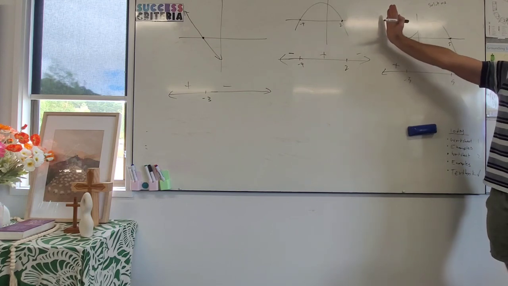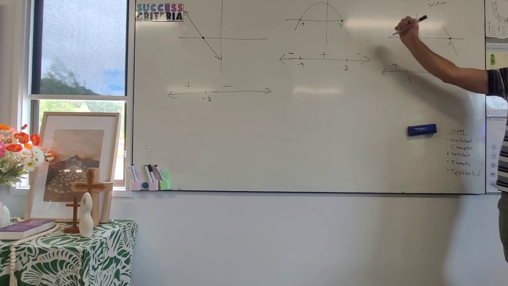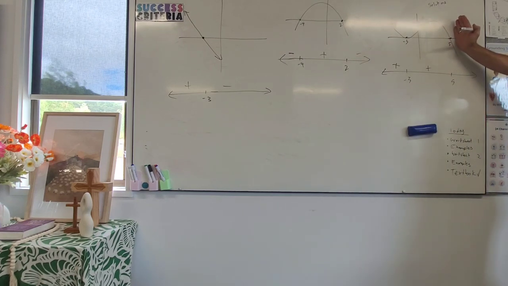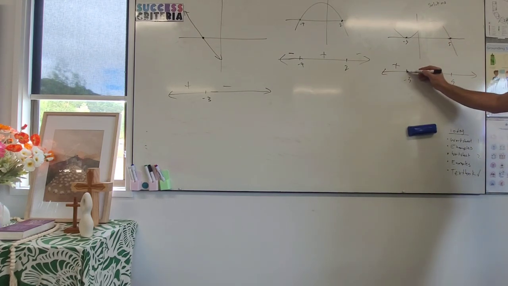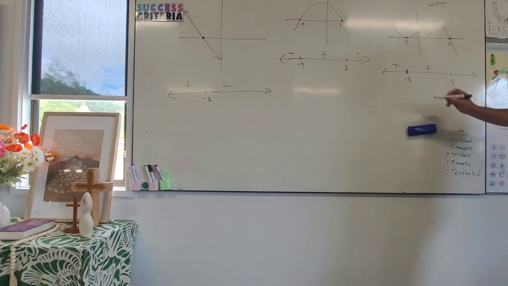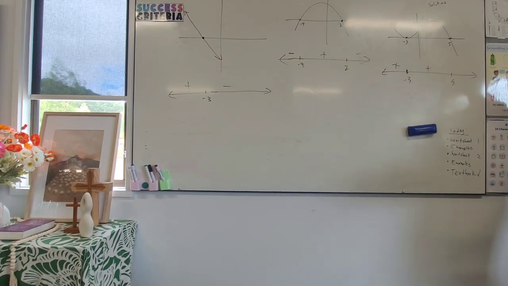It's above the x-axis. It's also positive between -3 and +5. So even though it doesn't change, we still need to indicate this on the sine diagram, because it's one of the relevant solutions. And then to the right of 5, it goes below. So we have a negative there.